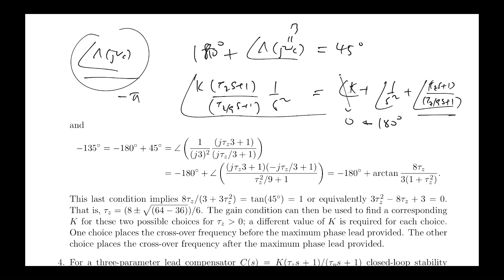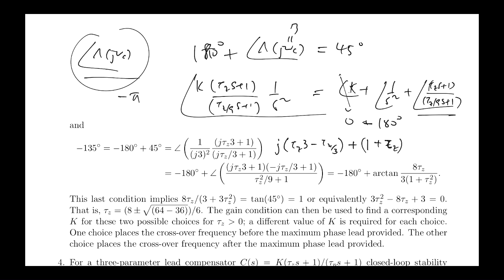This product of two complex numbers will have an imaginary part that looks like tau Z times 3 minus tau Z on 3, right? And it'll have a real part that will be 1 plus tau Z. Whoops.